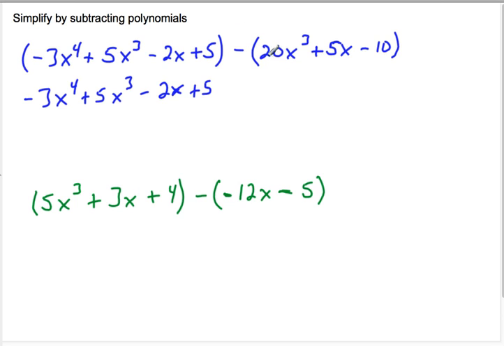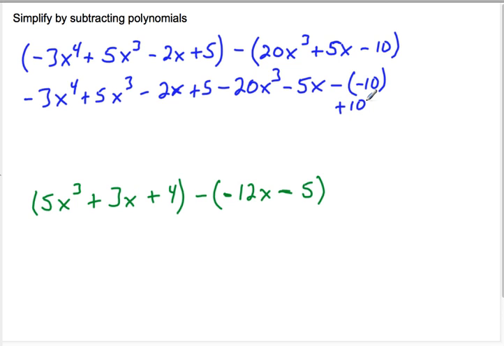So this negative affects the 20x to the third, so it becomes minus 20x to the third, and then we're also subtracting this positive 5x, and then subtracting this negative 10. Subtracting a negative is actually adding, right? So we have this plus 10.